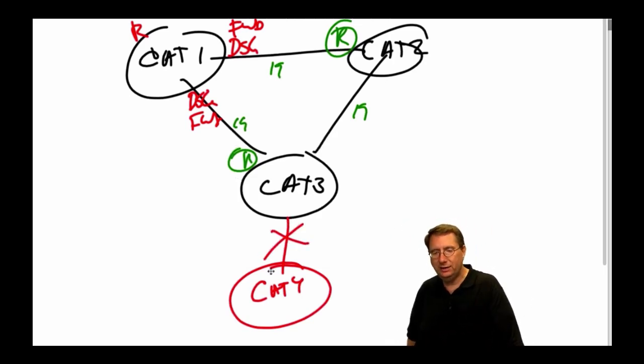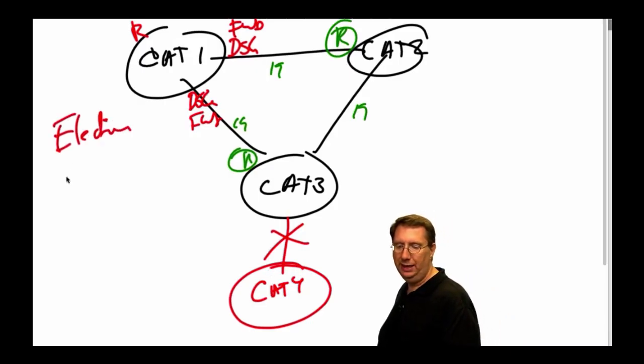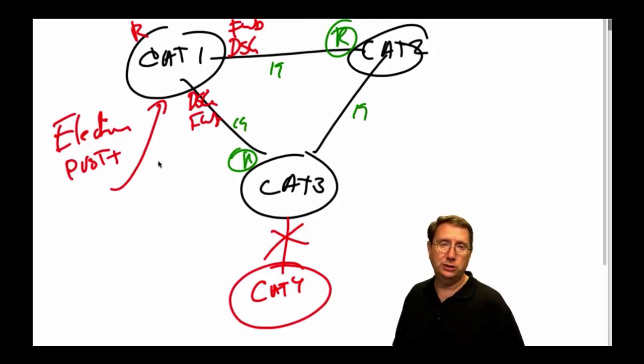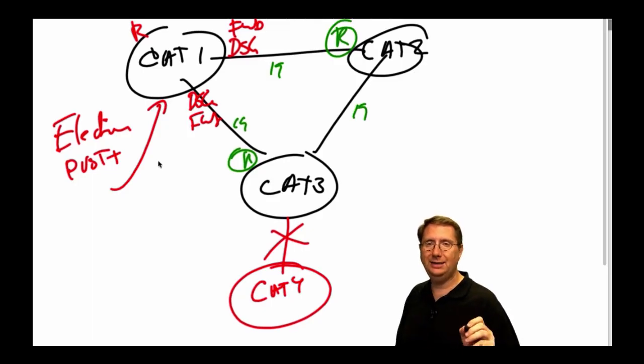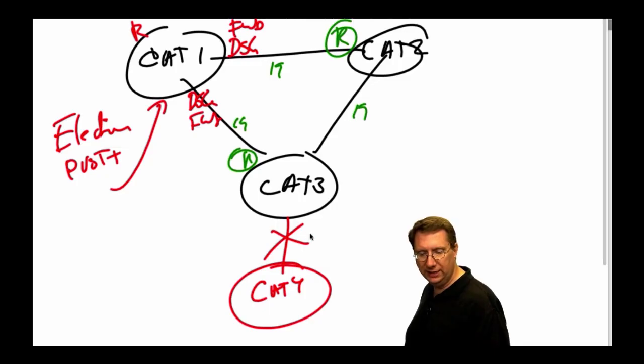Well, what we need to understand here is after we have elected the root bridge, in PVST+, we have an issue here. And that issue is that only the root bridge is going to be able to indicate that there are going to be changes in the topology. So here's what happens. This link goes down.